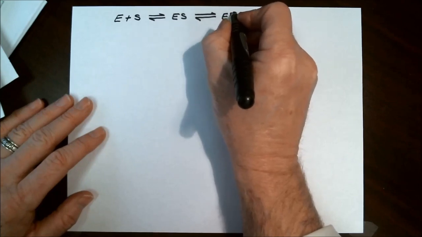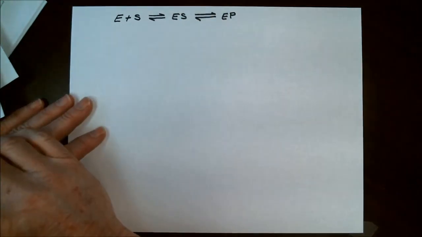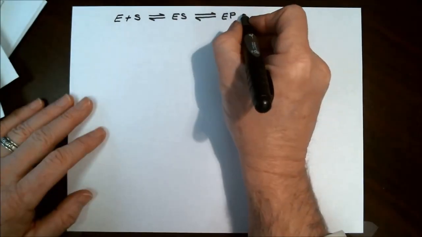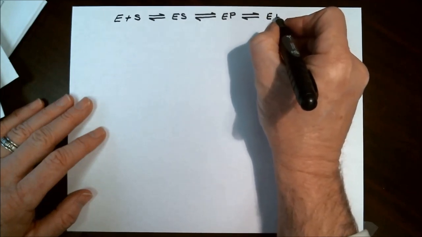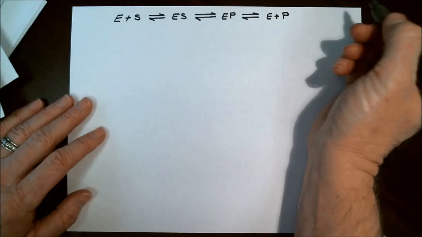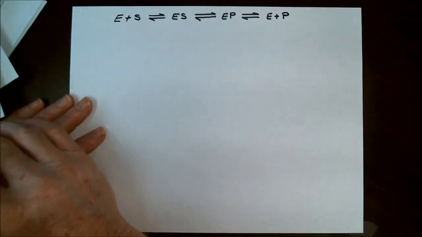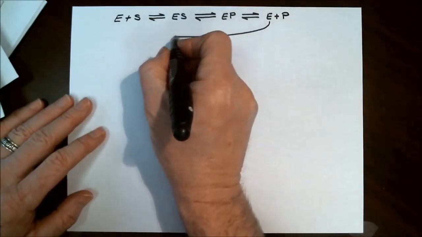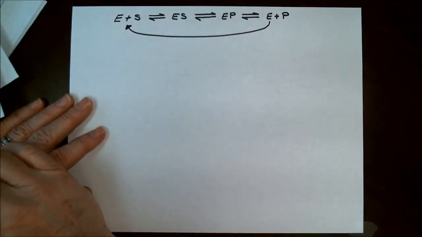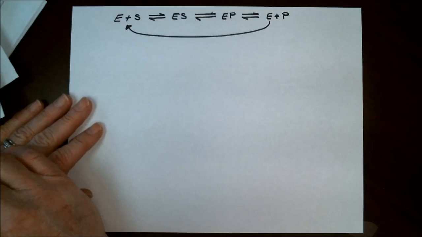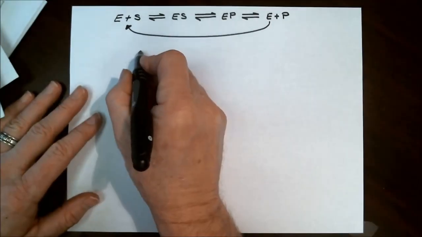So we can deem this as the enzyme product complex because the product is still essentially bound to the enzyme. The final step of the reaction is the dissociation of the product from the enzyme. And then the enzyme, of course, being catalytic, is not consumed in the reaction and is free to re-enter the cycle and bind substrate to catalyze the next round of reactions.